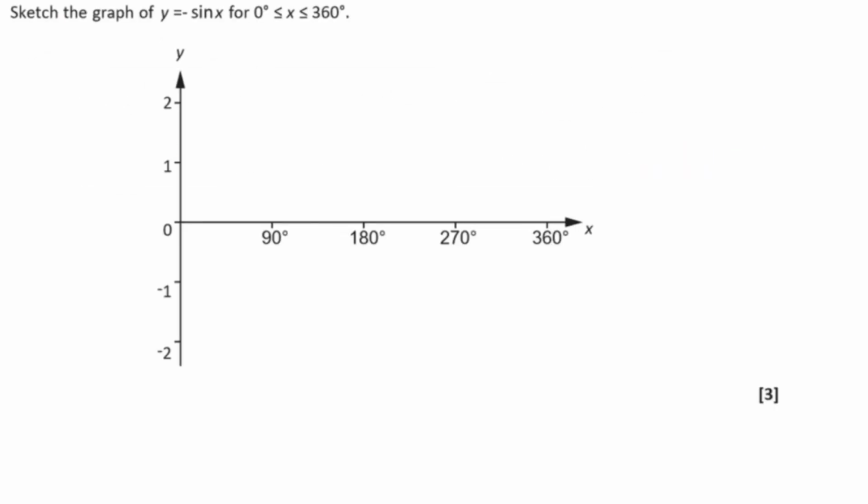And sketch the graph of y equals minus sine x from 0 to 360 degrees. Okay, now y equals minus sine x is a transformation of the graph that you should know, which is y equals sine x. Now the graph y equals sine x, you should have practiced drawing 101 times before your exam comes along.